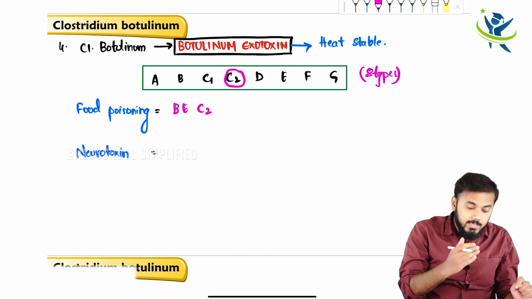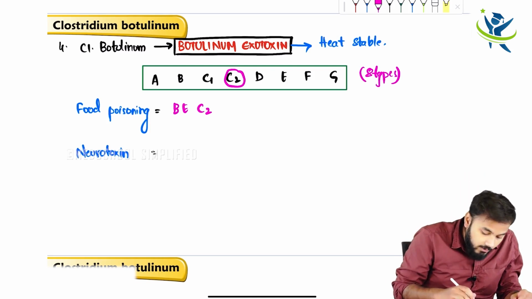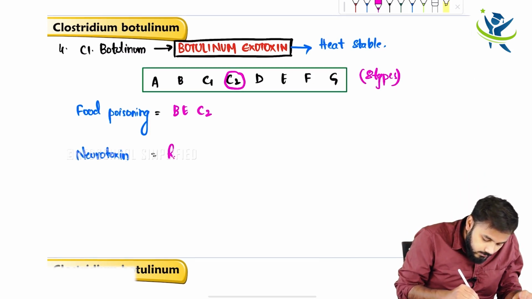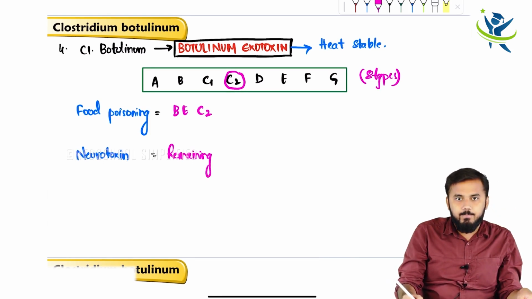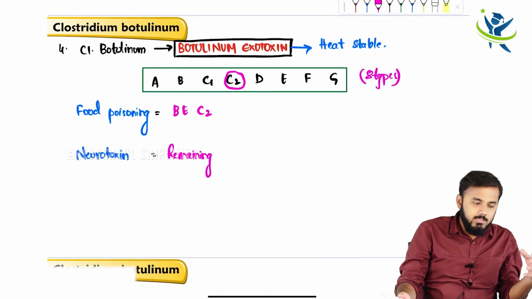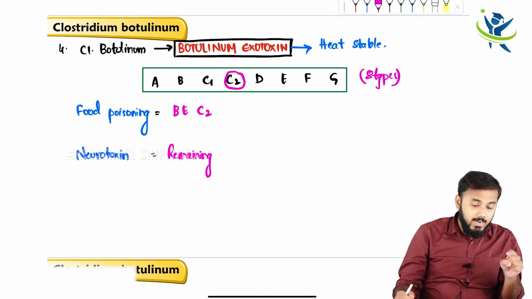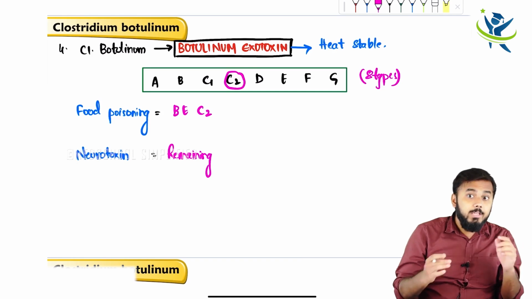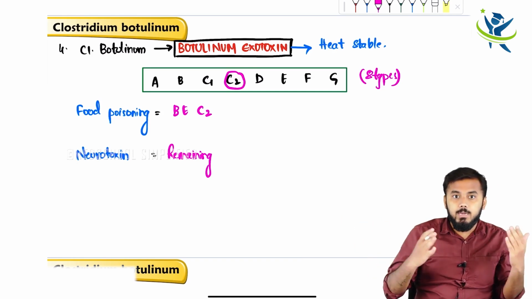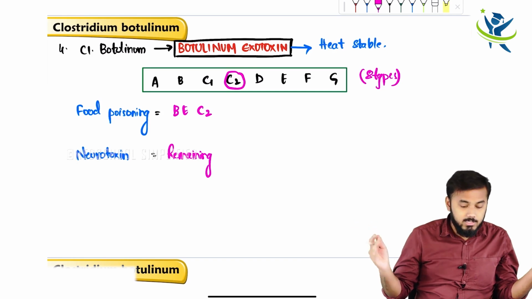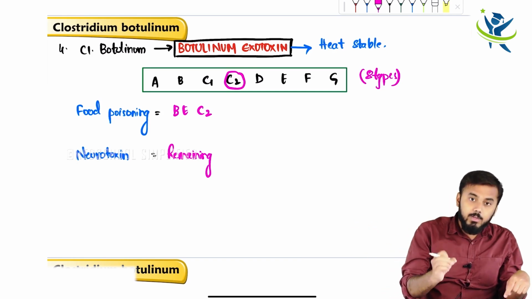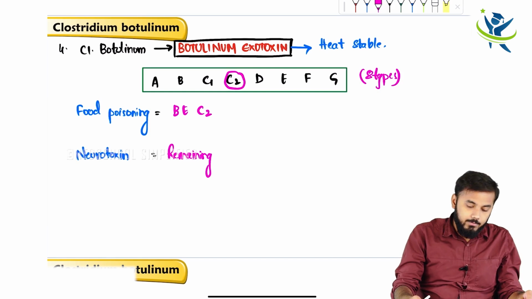The remaining A, B, C1, D, E, F, G are all neurotoxic. Most students think botulinum is responsible for causing food poisoning, but the actual thing is that there is only one type of toxin responsible for food poisoning, that is C2. The remaining 7 types of botulinum toxins are mainly responsible for causing neurotoxicity. I hope you understood this.